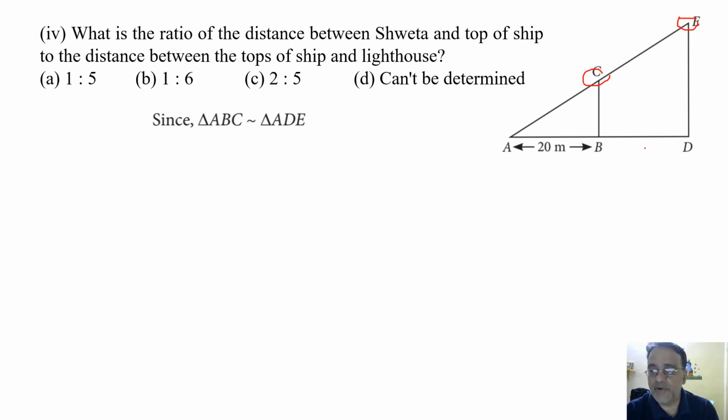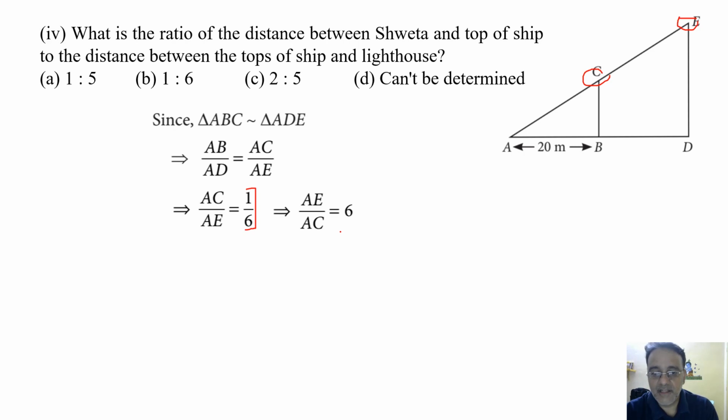So AB upon AD is equal to AC upon AE. And this ratio we have already shown is equal to 1 by 6. So हम लोग इसका reciprocal ले लेंगे, right? If we take the reciprocal, AE upon AC will be 6. Now we'll subtract 1 both sides. फिर यहाँ पे हम लोग LCM लेंगे.